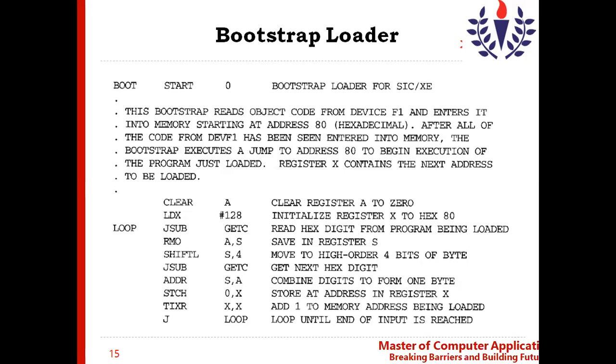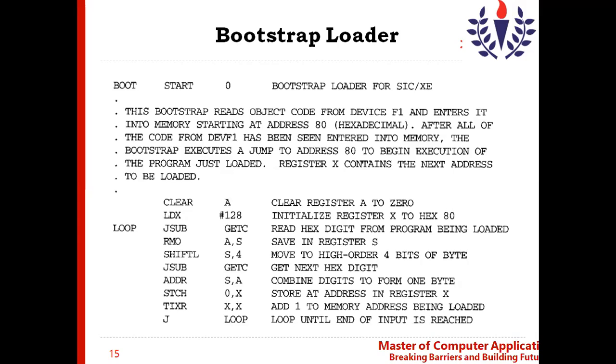When you start with the program, initially the accumulator register will be cleared; it will be assigned 0. Then we have the X register, which is initialized to #128, which represents the hexadecimal value 80. And we have the JSUB, which is nothing but jump to the subroutine.